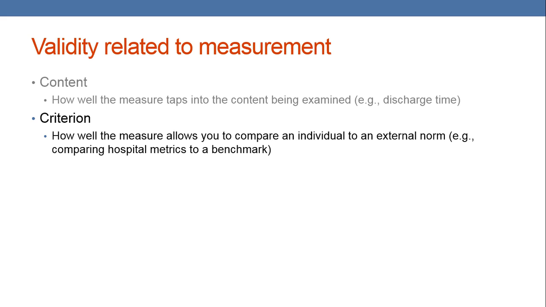The CDC, for example, has set up data collection standards for looking at certain patient safety issues like CLABSI and CAUTI, and the reason they've set those up is that they want to make sure that when hospital A compares itself to hospital B, they're really comparing apples to apples. So when we're thinking about benchmarking, we spend a lot of time asking: are we collecting our data in a way that matches the way the external norm data were collected?